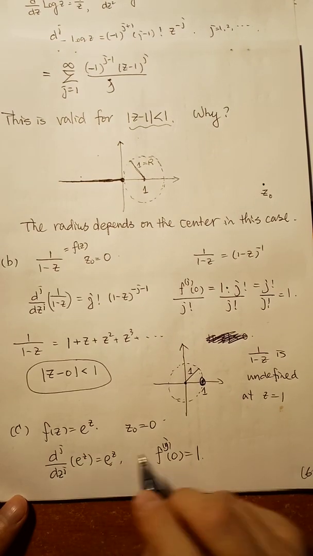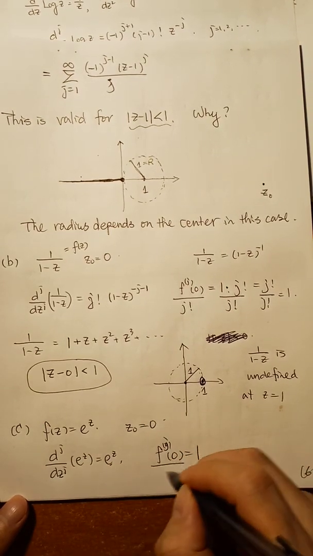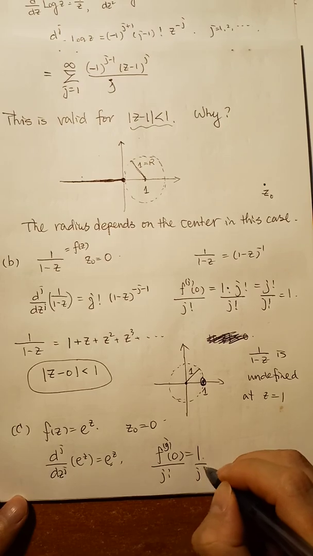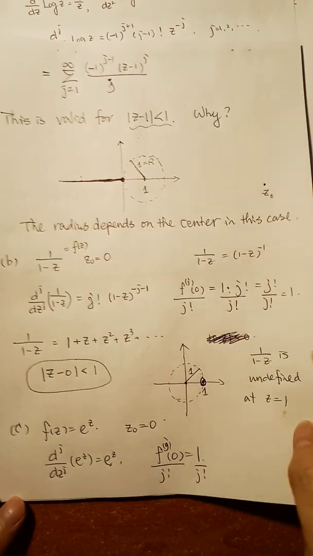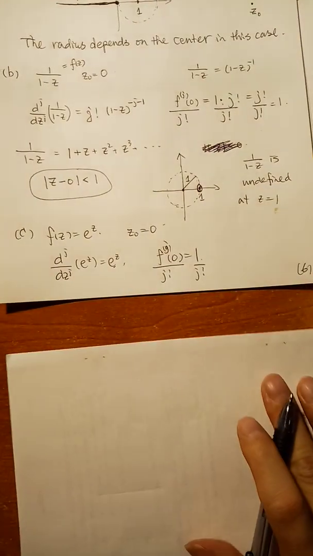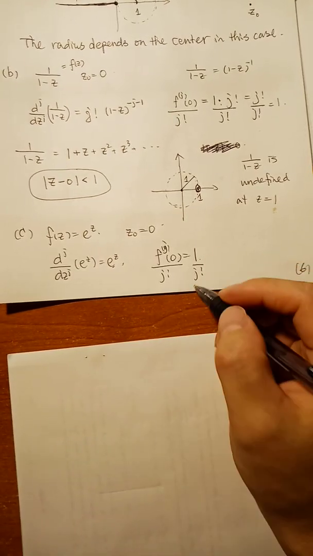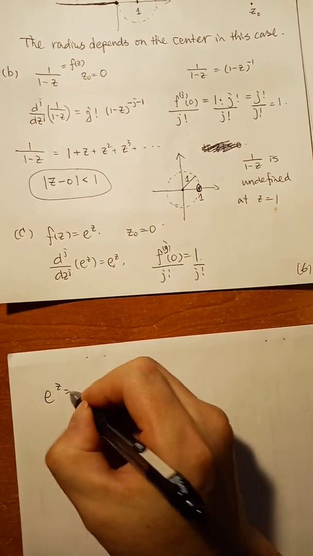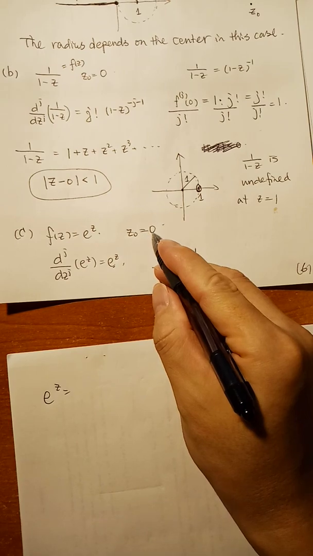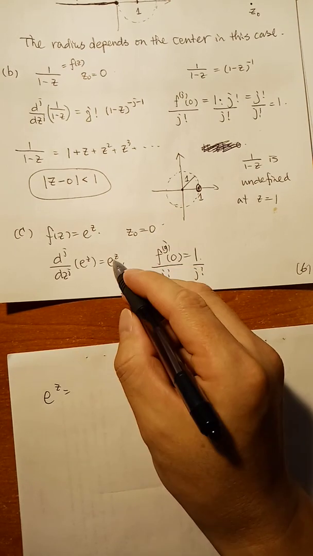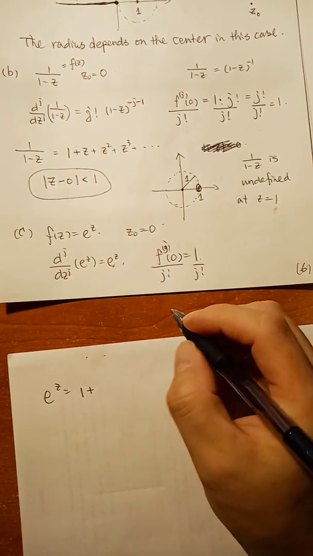Check here, e to 0 is equal to 1. So when you divide by j factorial, you will have 1 over j factorial.